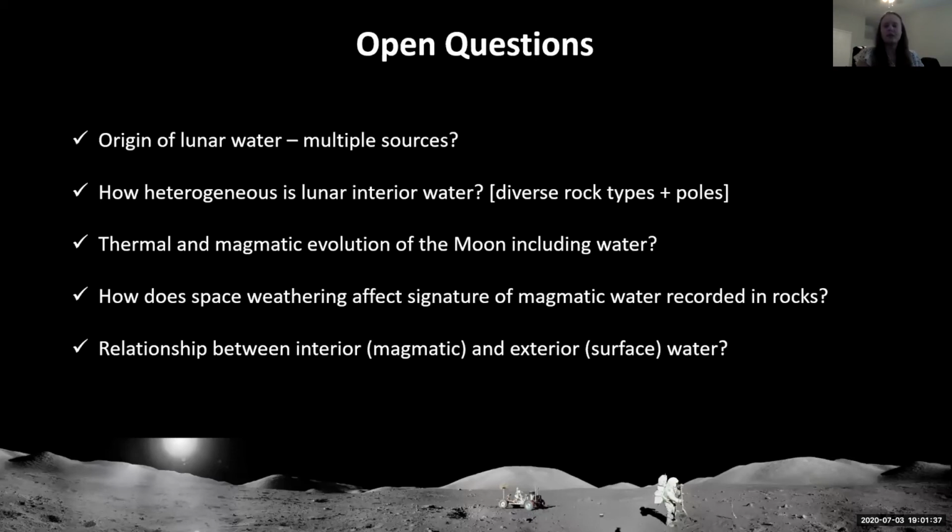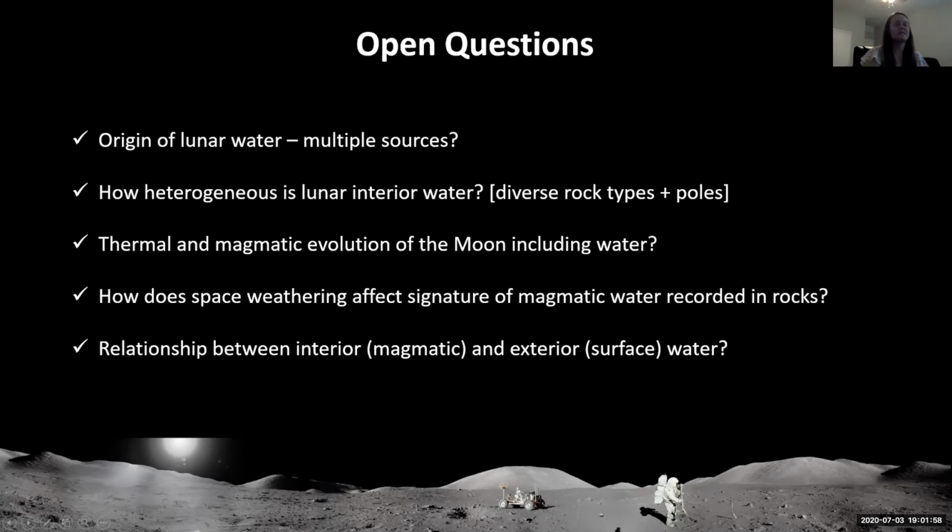So that's kind of the picture at the moment, but there are still quite a few unanswered questions. The origin of lunar water, as I just mentioned, is kind of up in the air at the moment. And there could be multiple sources, even multiple sources from different types of chondritic meteorite.